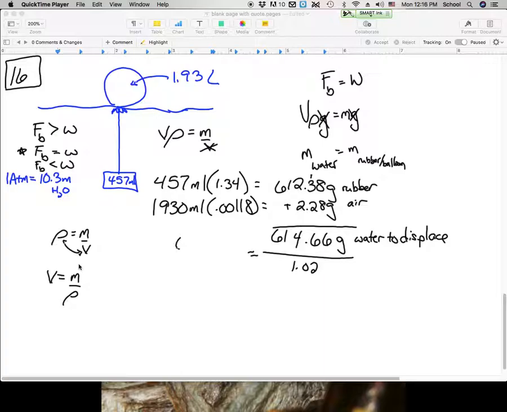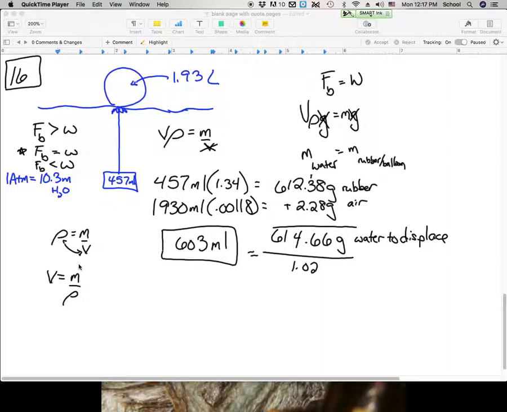And we get 603 milliliters. Where did the 1.02 come from? It came from the chart of the density of seawater. Since we are in seawater here, we use the density of seawater and find out that we need to displace 603 milliliters of ocean water.